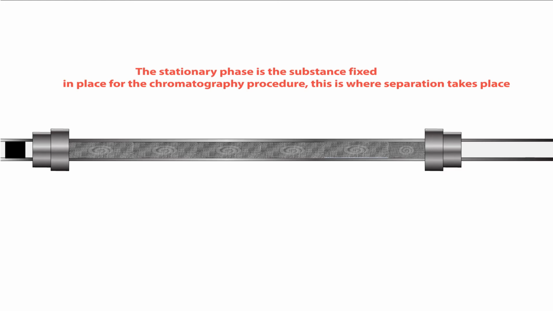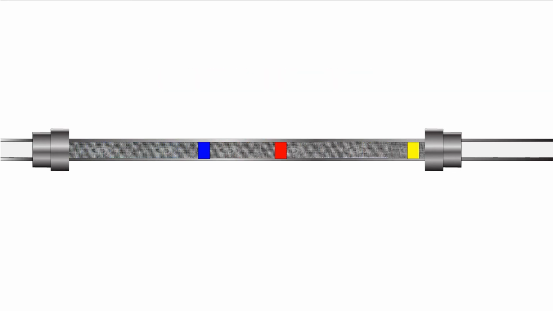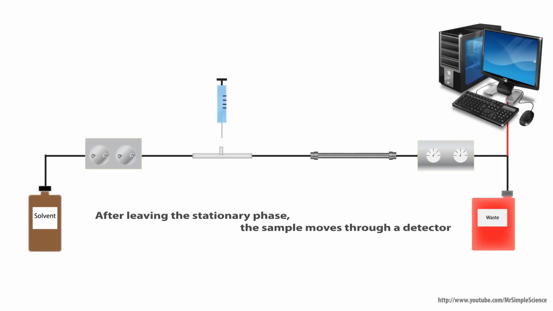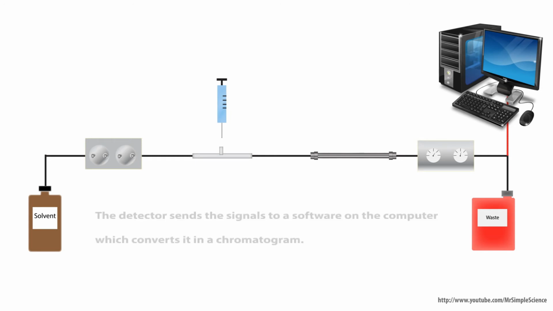This is where separation takes place. After leaving the stationary phase, the sample moves through a detector. The detector sends the signals to software on the computer, which converts them into a chromatogram.